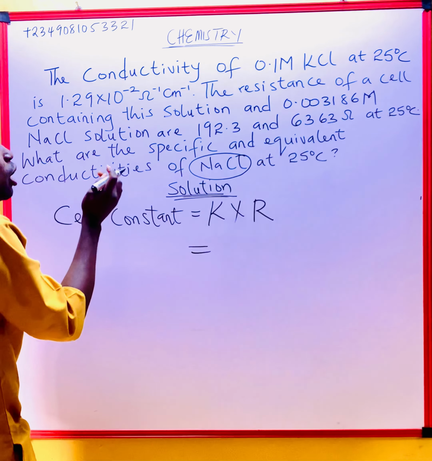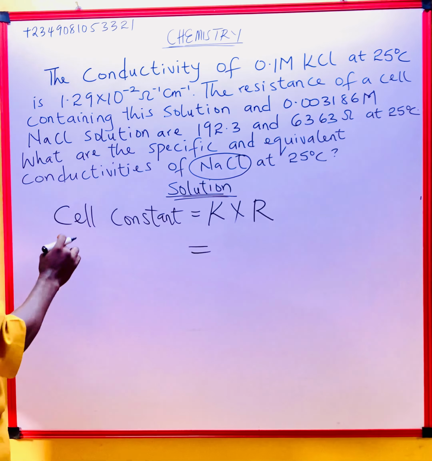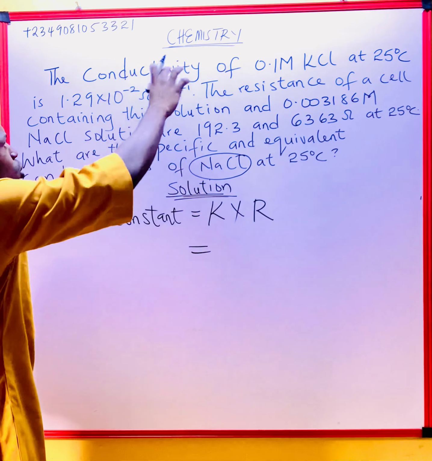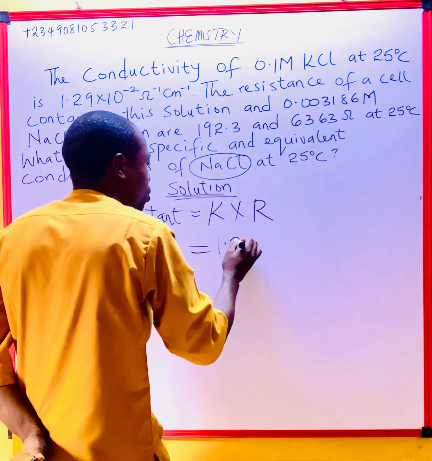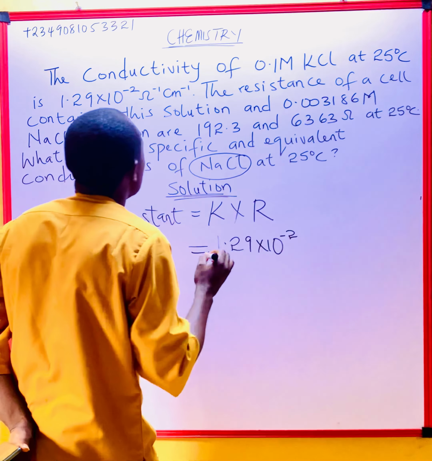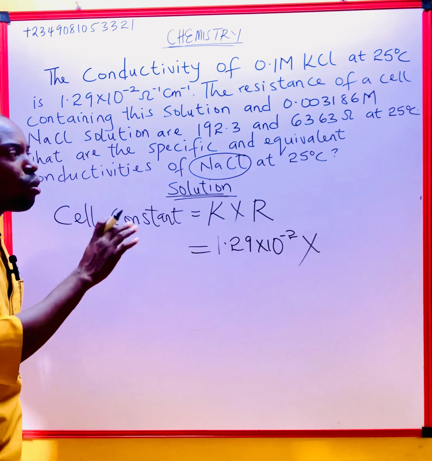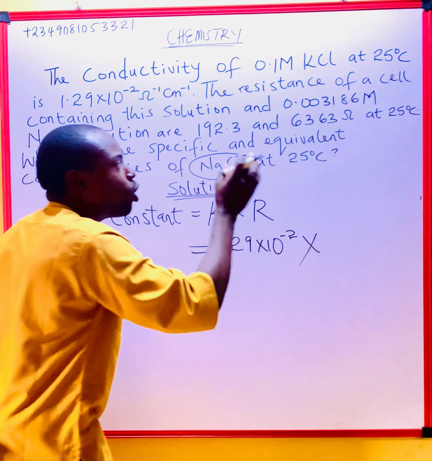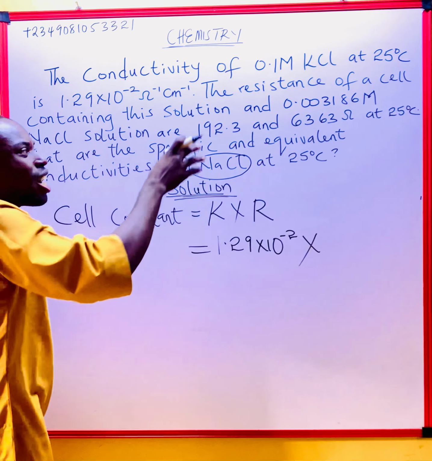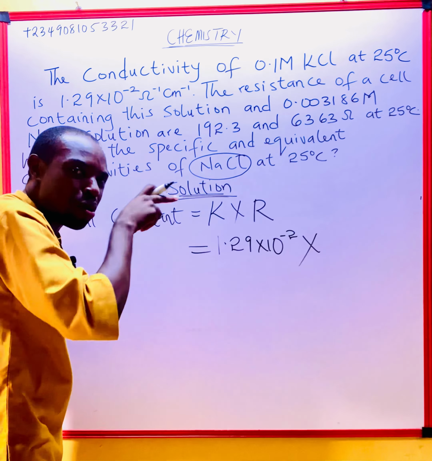So let's go. From this question here, we were given our conductivity to be 1.29, meaning it is from this KCl here. So the specific conductivity of this solution is 1.29 times 10 raised to power minus 2 multiplied by the resistance that you were given. We have two resistances. So we'll use this first one to solve it out, then the second one is to solve for the question, to be precise.